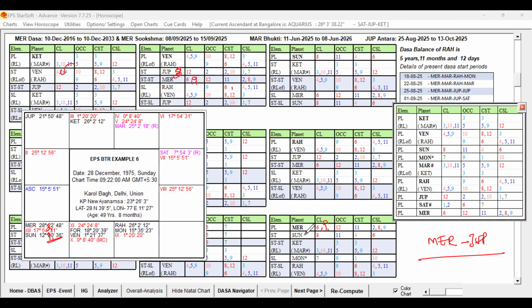What I'm saying, when Mercury is going to get the ninth house, Mercury is going to be the key planet for foreign travel. I'm calculating only up to the CSL, because CSL houses can change when birth time is going to change. Now in this exercise, we are focusing on the CSL, because cuspal interception, when minutes are changing, the cuspal lord itself is changing. Mercury is the key planet, and Mercury is in the sign of Jupiter.